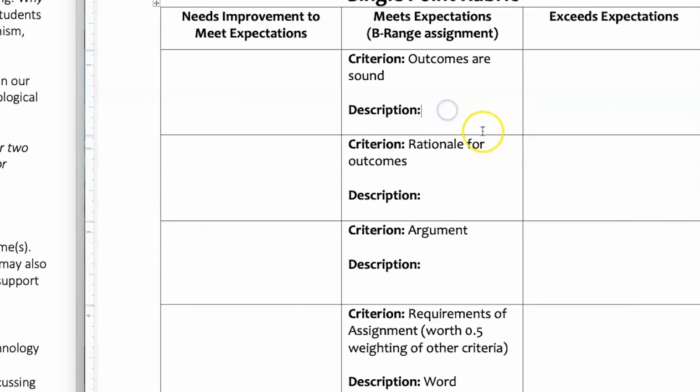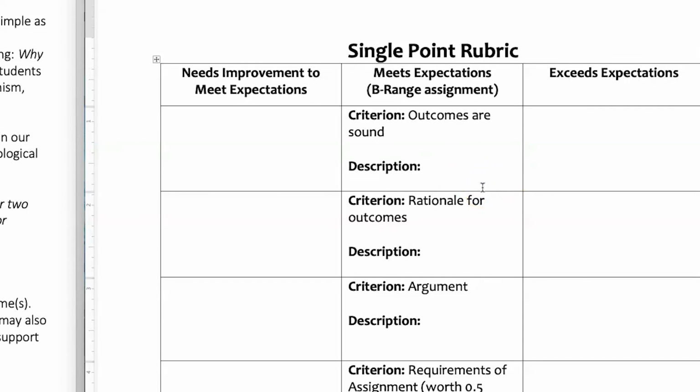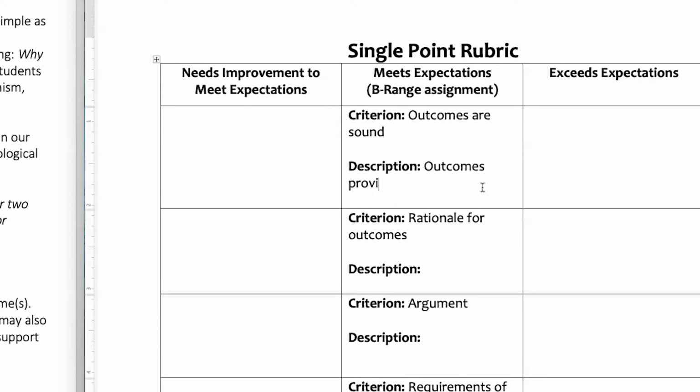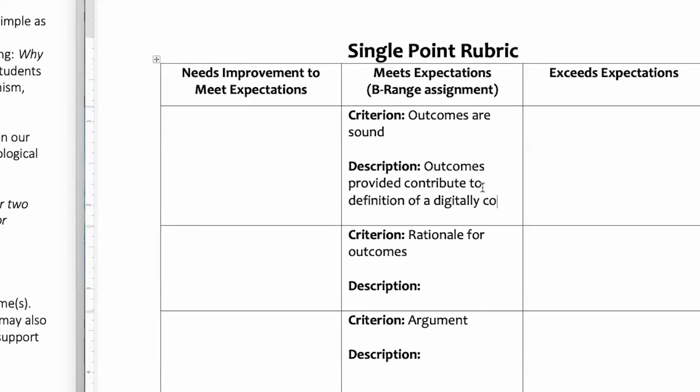Okay, let's talk about sound outcomes. I've asked for students to provide outcomes to promote the development of 21st century teachers. So what I would be looking for at a good level, a B level, is that students provide outcomes that contribute to the definition of a digitally confident teacher.